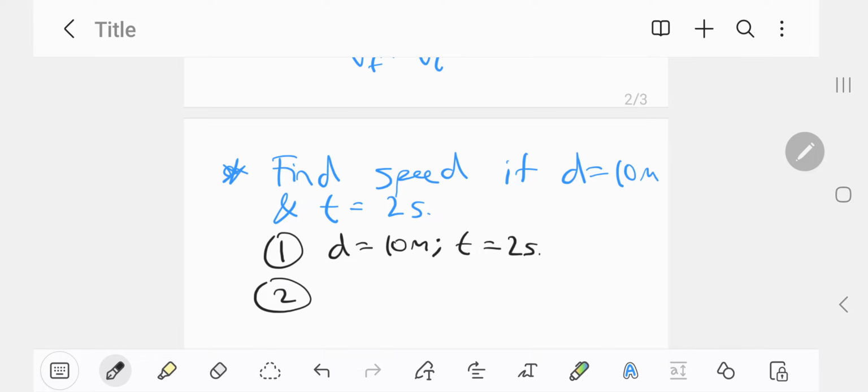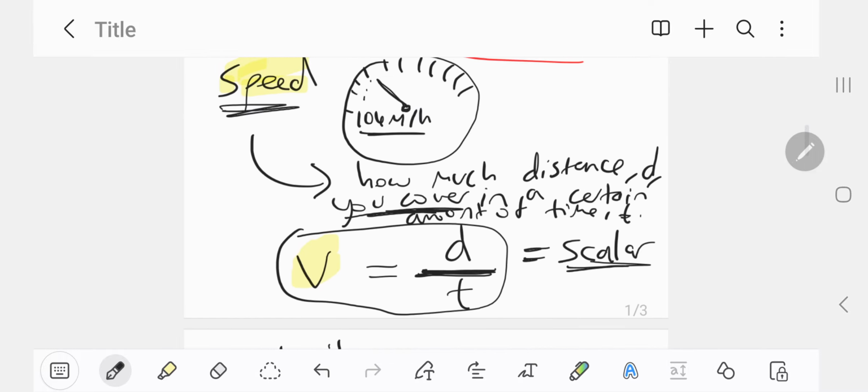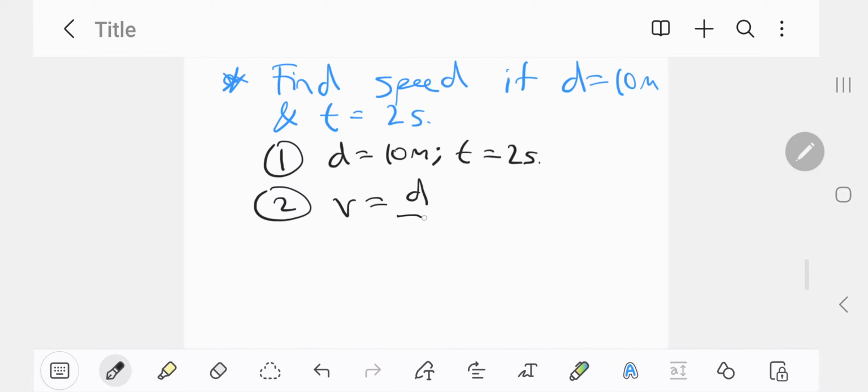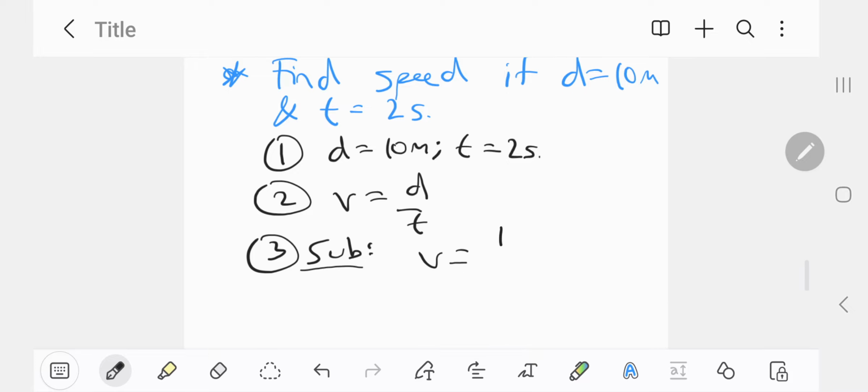Well, if you go to the formula sheet, speed is just V equals D over T. Step 3, you substitute your numbers. So V is just D, which is 10 meters, over T, which is 2 seconds. If you do the maths, 10 over 2, that's 5 meters per second. Okay, because meters divide seconds.